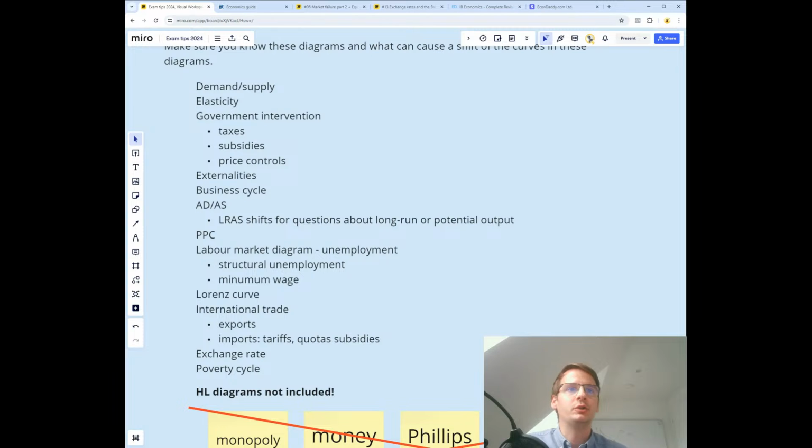I tried to check these very carefully. Make sure you know the curves, the labels, I mean, for all of these topics. For example, demand and supply questions mean that you should be aware of what could drive demand up or down. Same thing with supply. So you should know the non-price determinants of demand and supply. Okay, so these are the diagrams that could be coming up in paper 2.